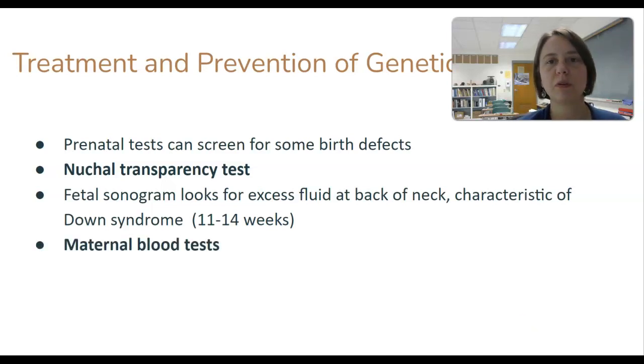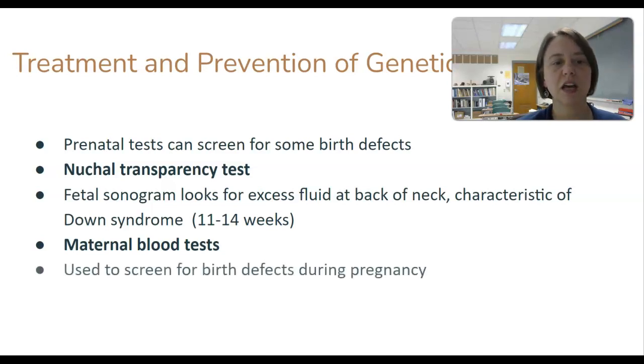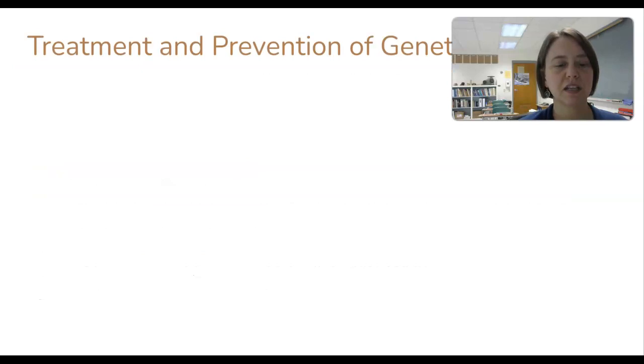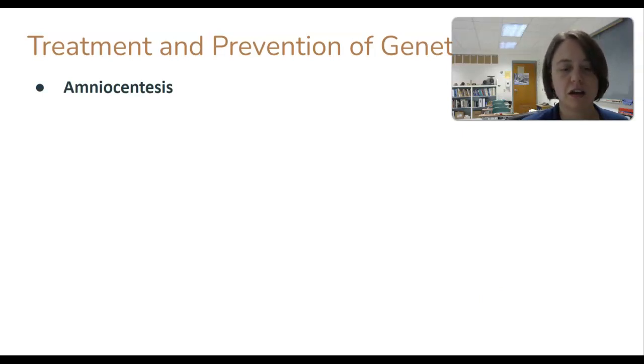Another way to screen for genetic diseases is a maternal blood test, the pregnancy-associated plasma protein test. With the maternal blood test, you're often looking for proteins associated with Down syndrome.